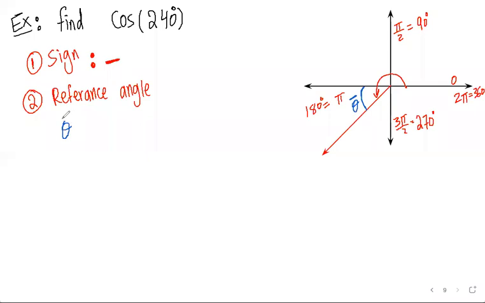Here I can calculate it. It is the measure between this and the x-axis. What is the value?